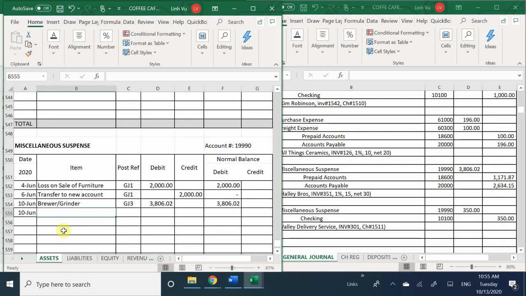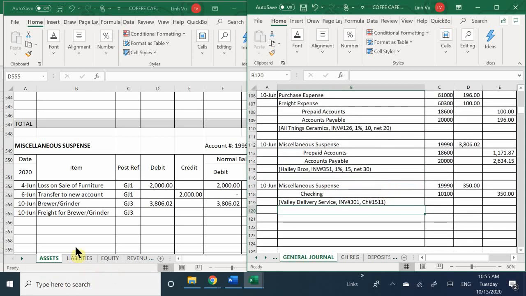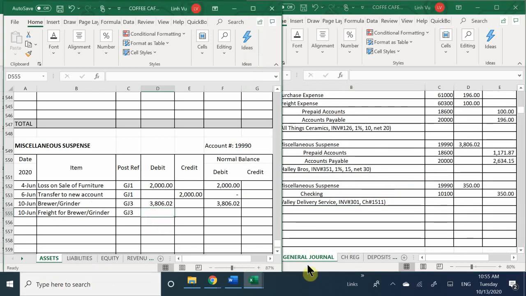And then I'm going to go ahead and write here freight for brewer / grinder. Okay. General journal number 3. Can't believe we're still on. Okay, so we'll reach the very bottom. Okay, so we're general journal number 3. We're going to increase it by $350. And that should bring up our total to be $4,156 even. And 2 cents. Okay.